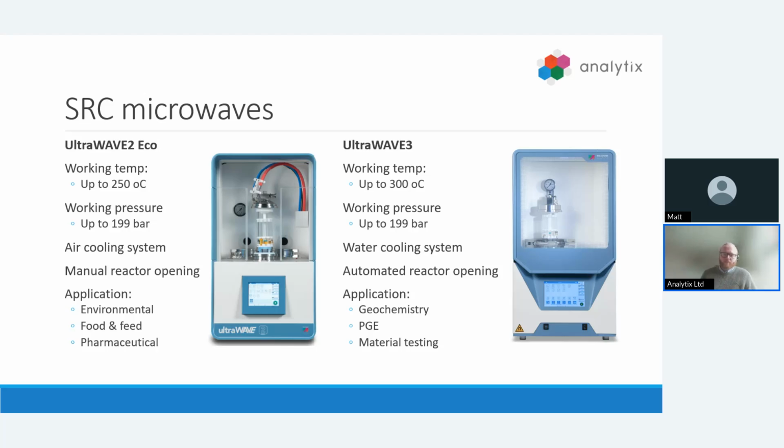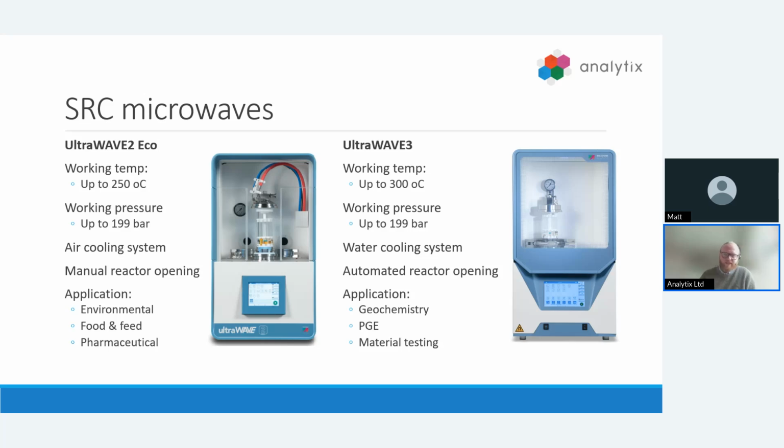But almost any lab could benefit from single reactor chamber technology, but in the past perhaps didn't need the extreme digestion capabilities that were achievable using the UltraWave 3. This is where the UltraWave 2 Eco comes in and has all those benefits of single reactor chamber technology, with a few adaptations to the model, such as its top working temperature now being up to 250 degrees, but still with that working pressure up to 199 bar.